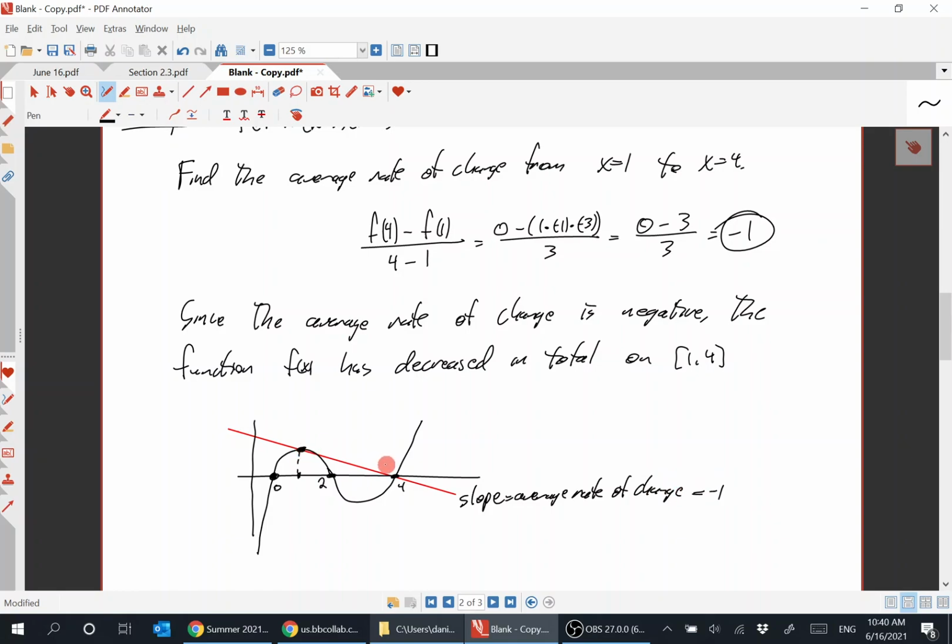So from 1 to 4, the function has in total decreased. Not that it's always decreasing. It's decreasing from here to wherever this local minimum is, and then it's increasing from that local minimum to 4. But in total, it has decreased.